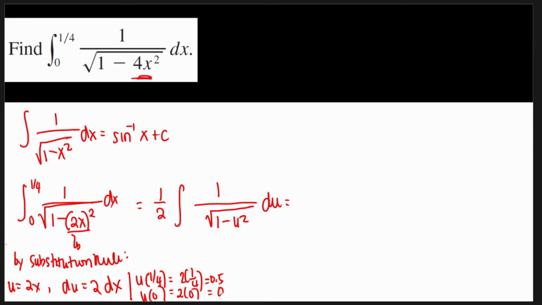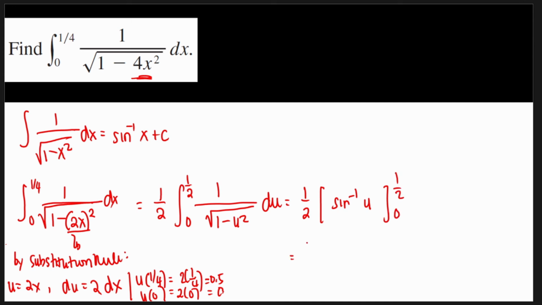So this is 0 to 1/2, or 0.5. Executing this would be equal to arc sine of u with limits from 0 to 1/2.